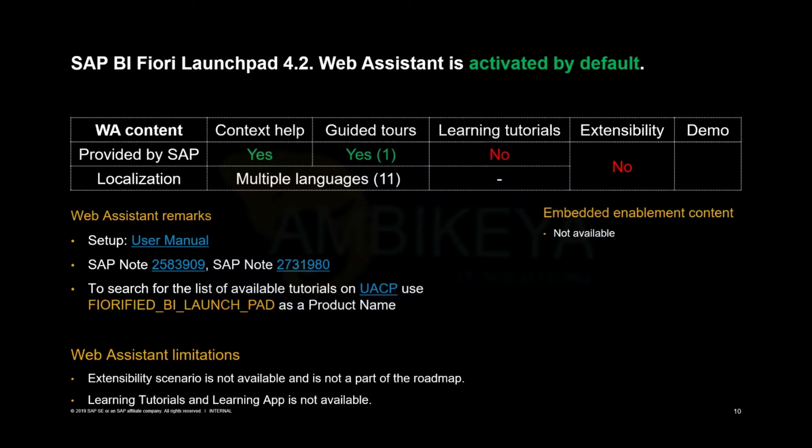So Andy, this is Darwin. Down at the bottom there, extensibility scenarios not available, not part of the roadmap. So we only get SAP content, and we don't have the ability to extend anything here? As of right now.